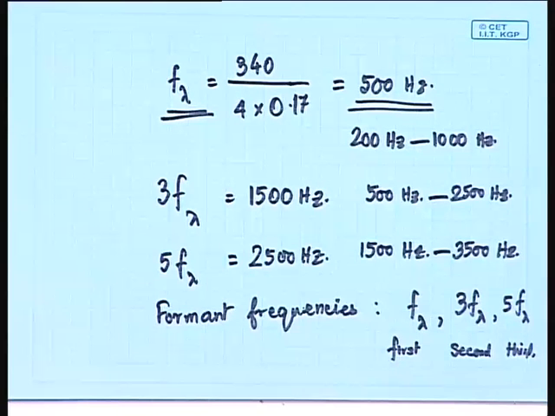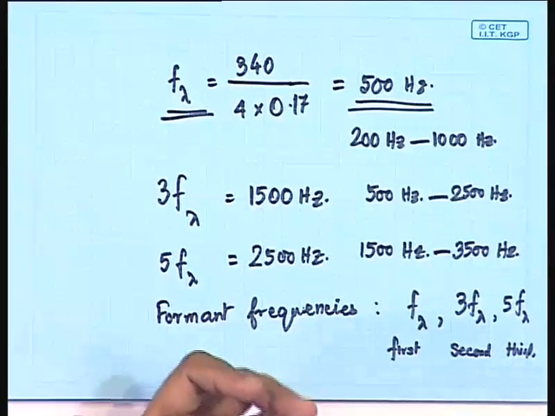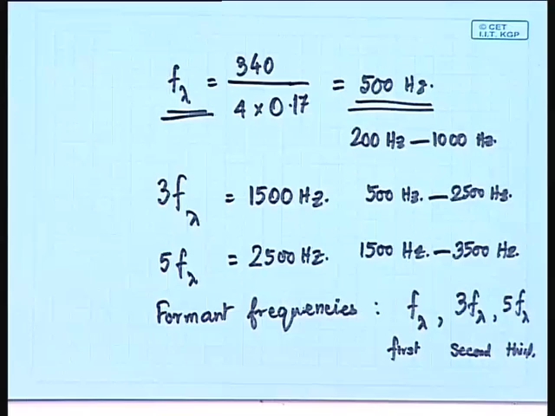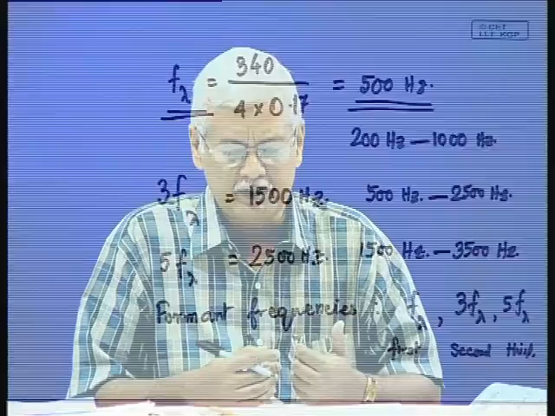In fact, it varies from person to person. For some people, it is only the first and the second formant frequencies which are very dominant. For some people, it may be that the first formant frequency is dominant, and the other formant frequencies are relatively lesser in amplitude. That usually happens with persons having low pitched voice.